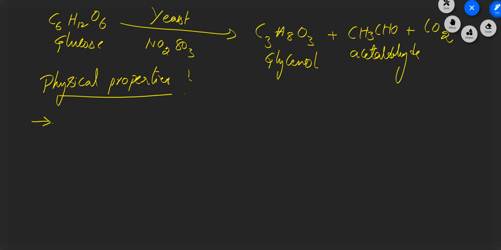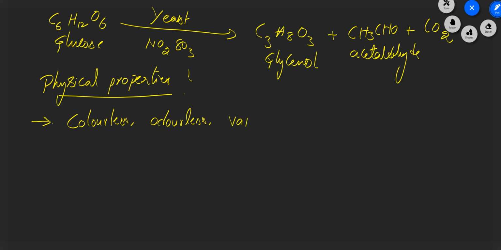So what is the color of glycerol? It appears as a colorless liquid. It is a colorless liquid and also odorless. Odorless means smell-less, and it is viscous in nature.